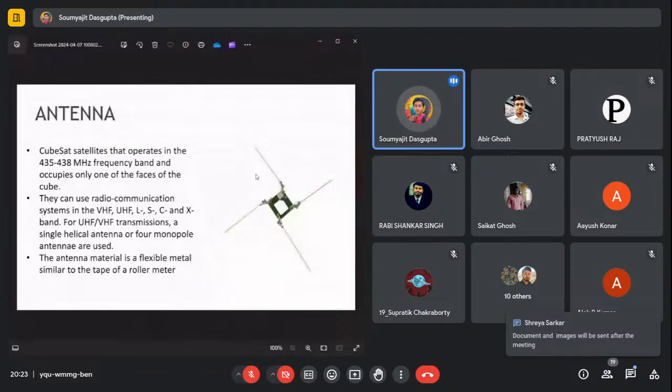We will use that frequency bandwidth antenna for CubeSat. So yes, there are several kinds of radio frequency wave we can use for CubeSat like VHF, very high frequency, then UHF, ultra high frequency, then L, S, C, and X band. But mostly we use VHF and UHF.